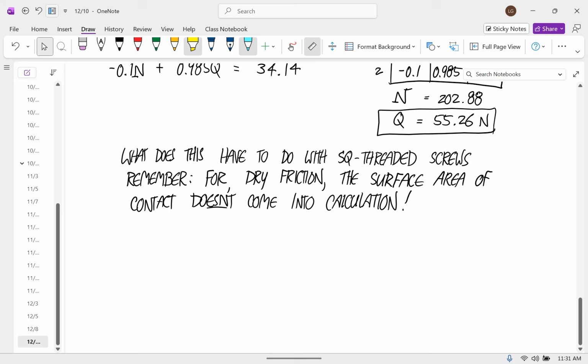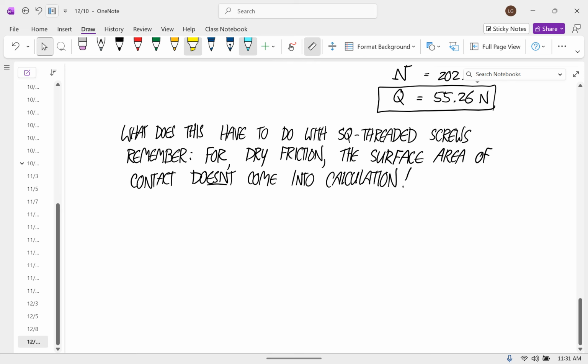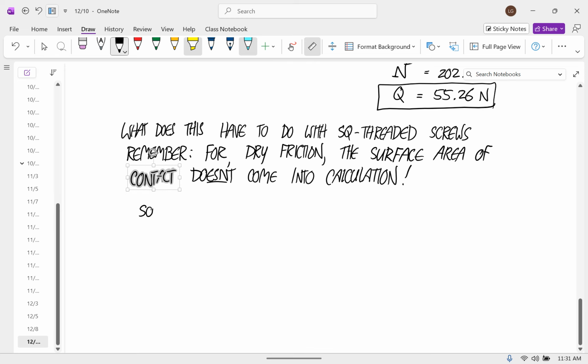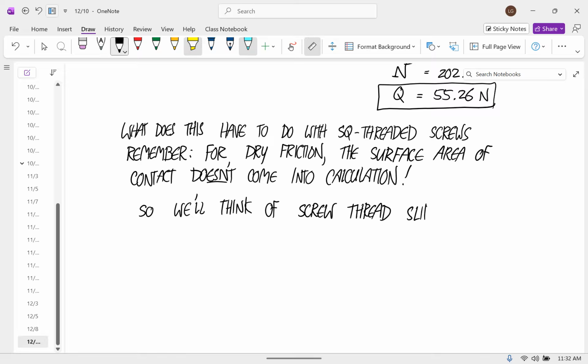So we are going to think of a screw thread sliding on, like a nut thread, let's say.